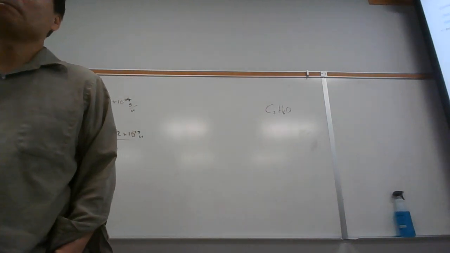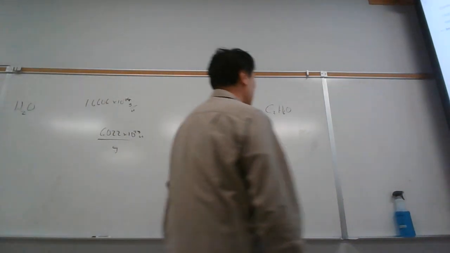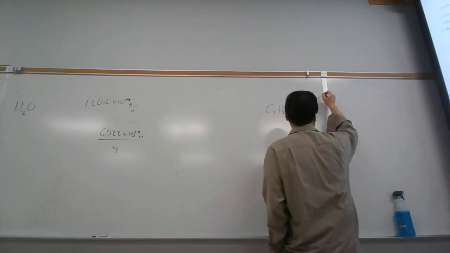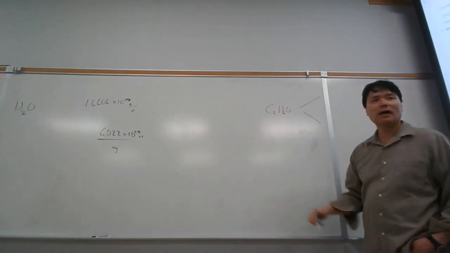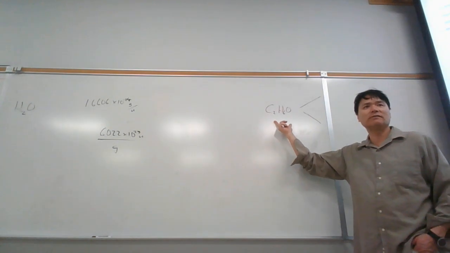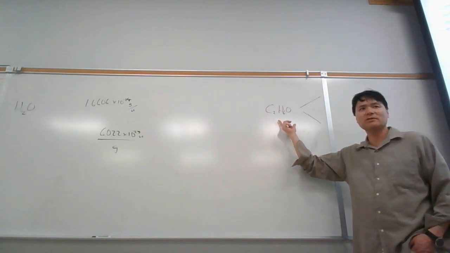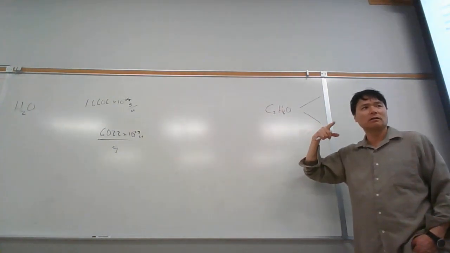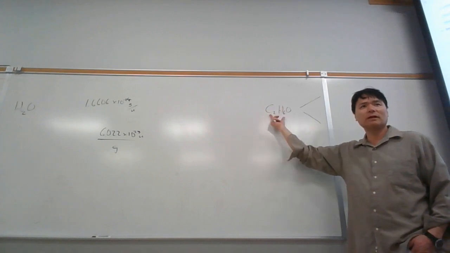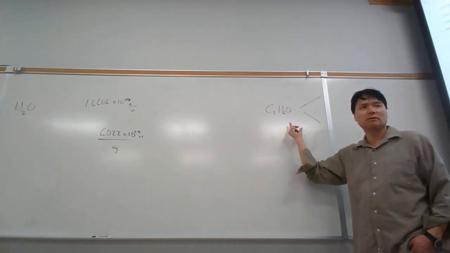And the problem is, with this formula, I can't tell what it is. I can't tell what it is because of something called isomers. Isomers are same formula but different structures.